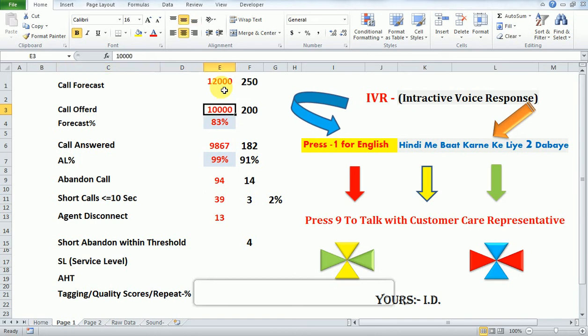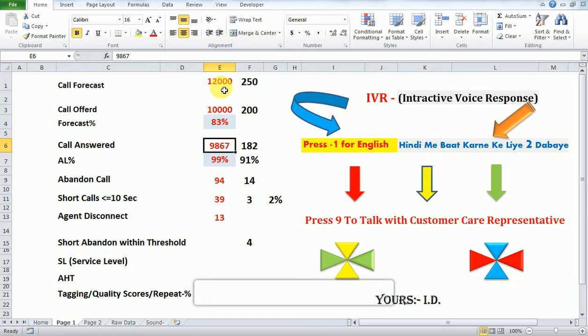You may calculate this and also get to know the forecast percentage. What you will do is divide the offered calls by the forecasted calls, that is called forecast percentage. Now I move on to call answered. What is call answered? You know, friends, there were 10,000 calls offered, but all calls were not answered.